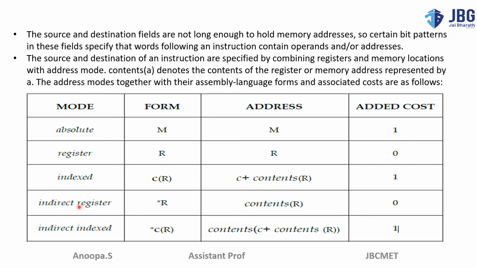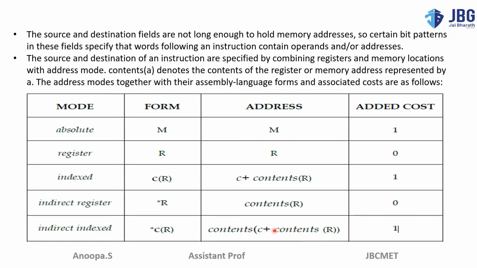An indirect register, in that case the register does not contain the value, it will be having an address. From that address we have to get the value. Then indirect indexed is a combination of both indirect and index. So first we calculate the index mode, then indirect addressing is used.